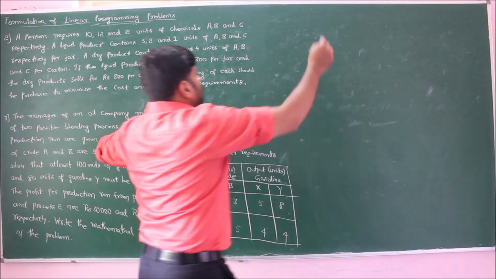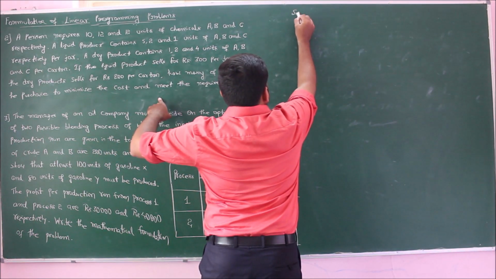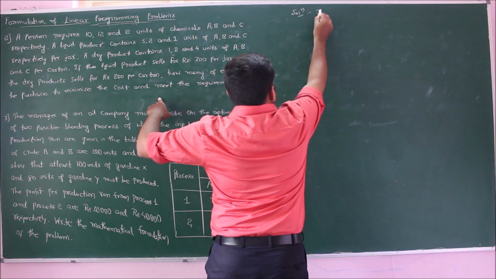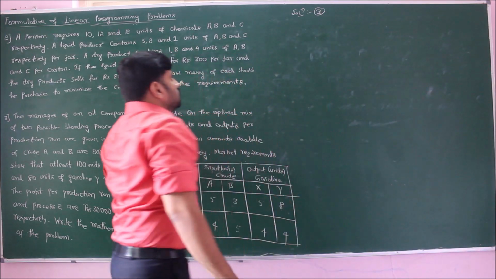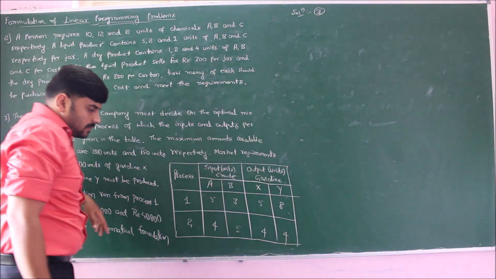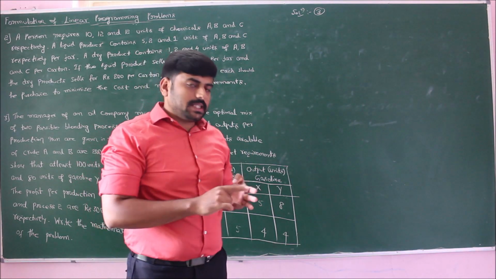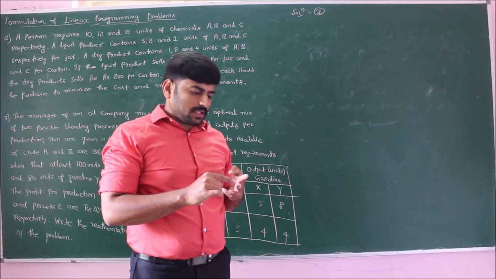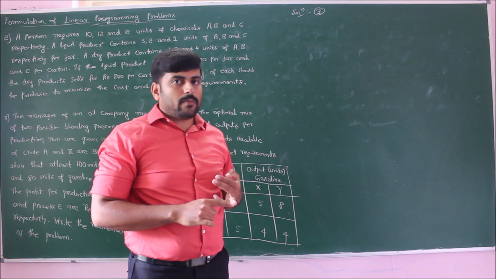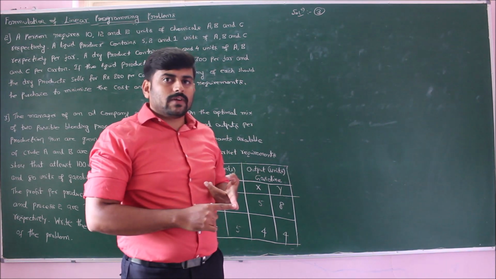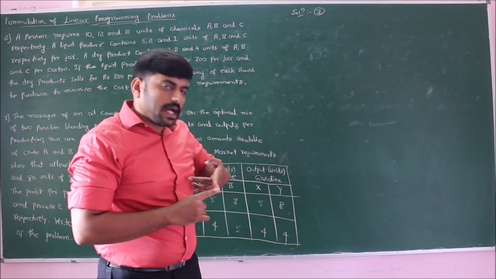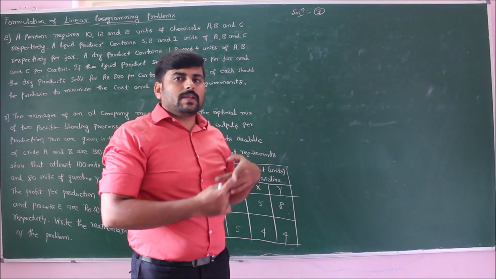Now, if I solve problem number 3, as I said, for mathematical formulation of linear programming problems, the 3 important points are objective function, constraint, and the variable should be positive. Coming for the objective function, it is either maximize the profit or minimize the loss.